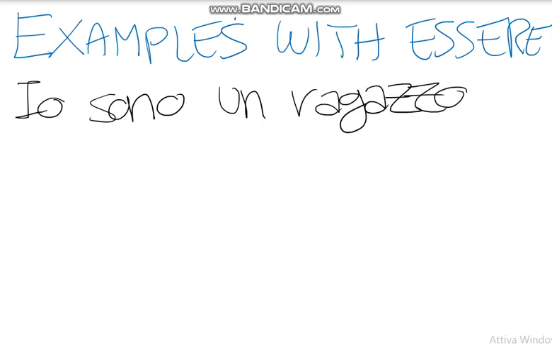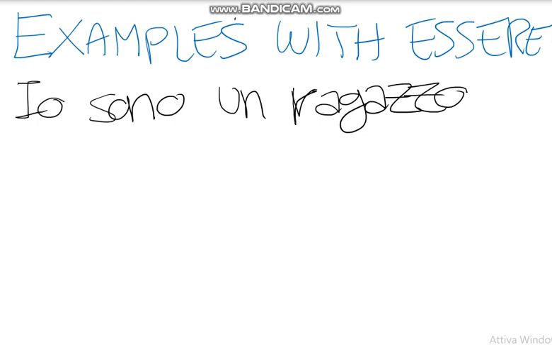I'm going to repeat the sentence slowly and then at a natural speed, and please repeat after me so that you can practice your pronunciation. Io sono un ragazzo, which means I am a boy.